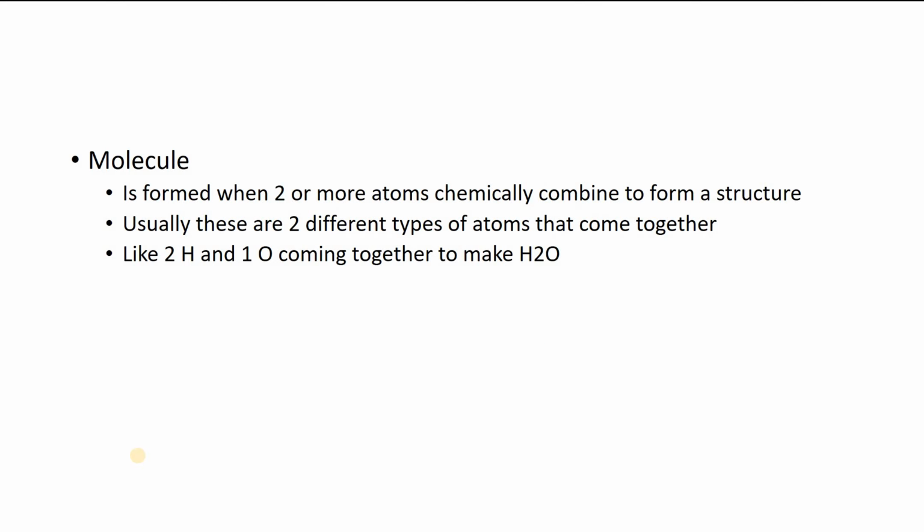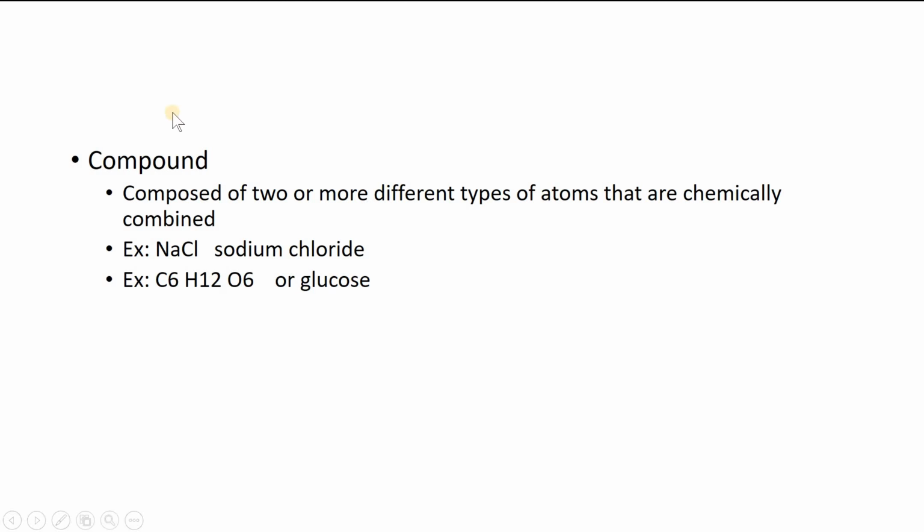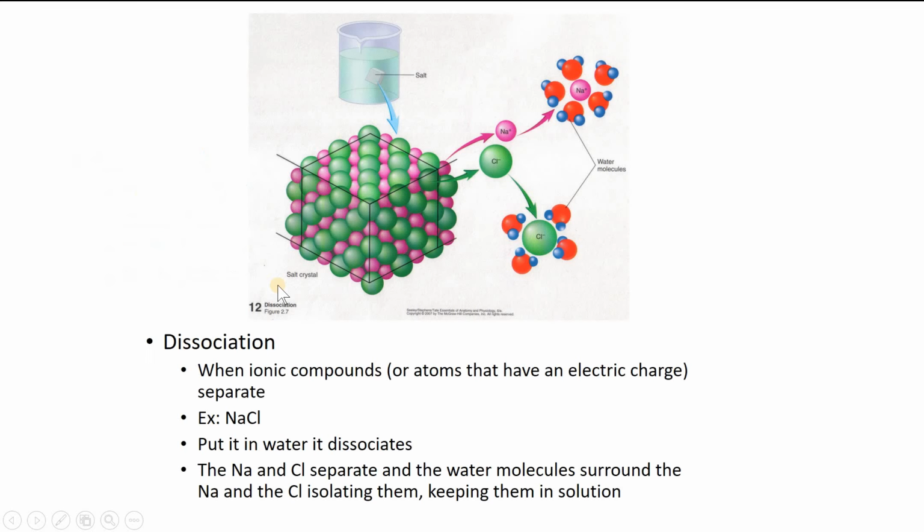Okay, be able to define molecule, compound, dissociation. Going back to our NaCl, or sodium chloride table salt, if you were to put that in water, it will eventually dissociate, meaning separate.